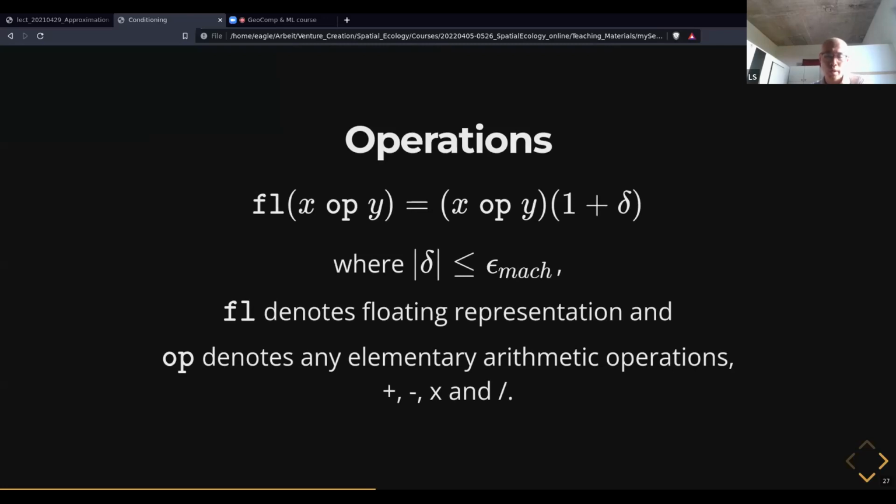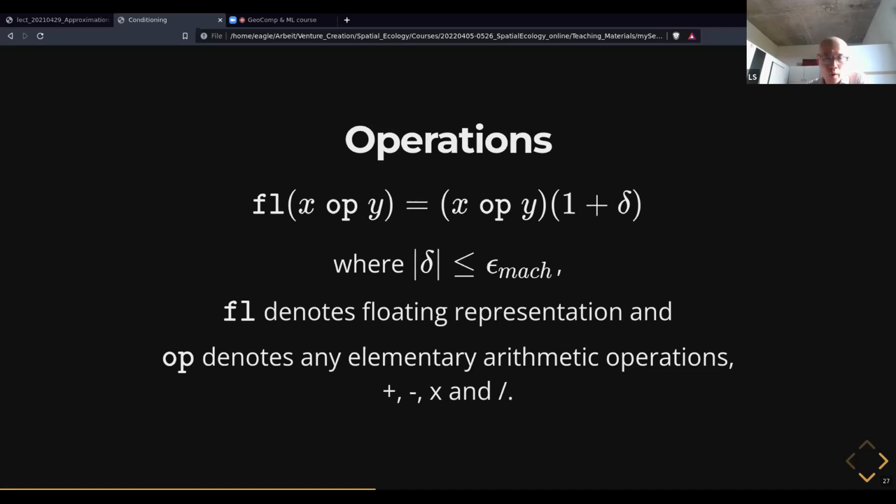So what do I mean by operation? In this case, it's any elementary arithmetic operation: plus, minus, multiply, division. That's what we use all the time. Now let me walk you through what I'm going to say here. FL denotes the floating representation.